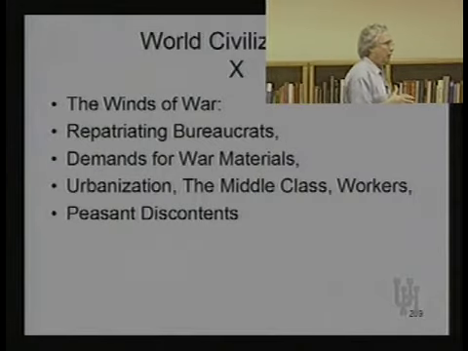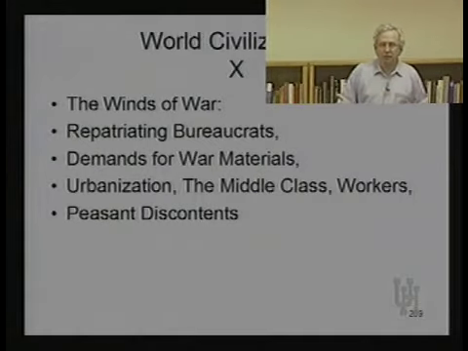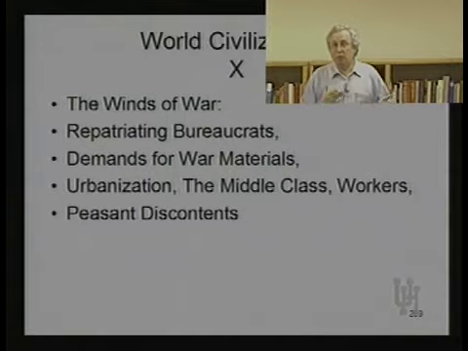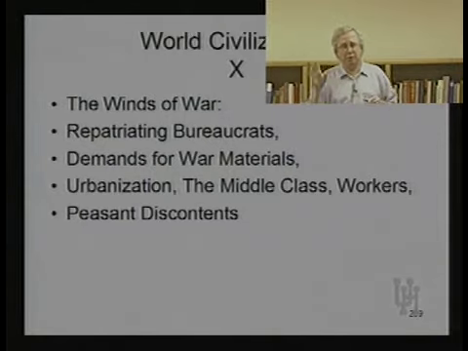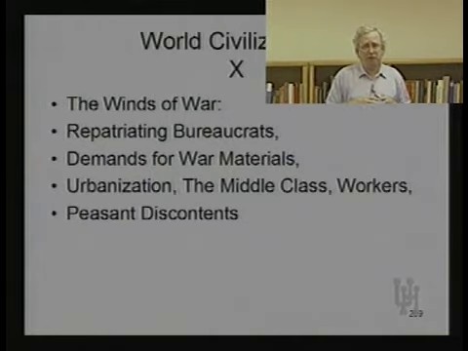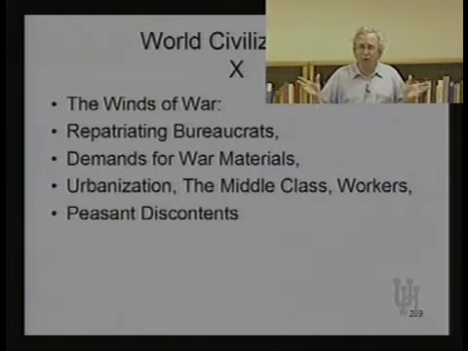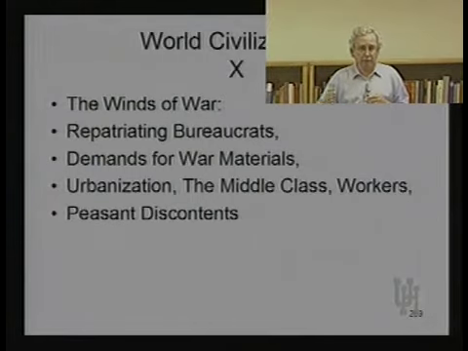Now, on top of all of that comes discontent in the countryside. If people were flowing into the cities, it was indeed in part because of the attractions that urban areas held in terms of growing economies, jobs, and education. But it was also true people were leaving the countryside because of the loss of land.